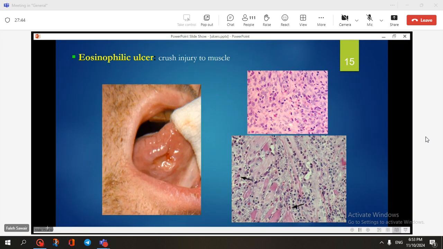In the histopathology, these ulcers have a lot of eosinophils within the base of the ulcer, and they can help in the diagnosis. So it is a special type of chronic ulcer where there are a lot of eosinophils in the tissue, and they think it is the result of crushing trauma.